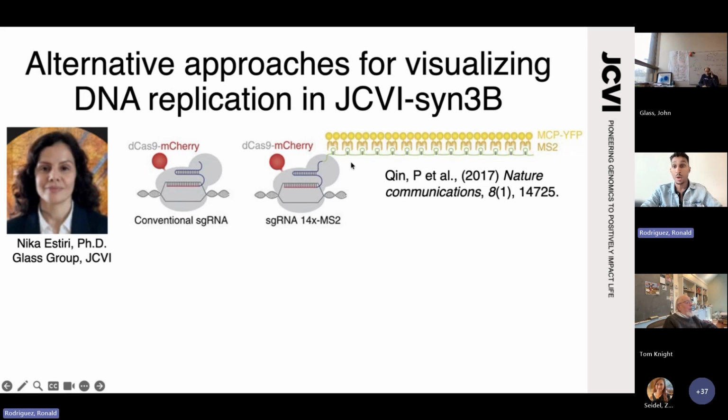If you add some additional elements to such a DNA sequence, specifically the MCP protein, MCP is short for the MS2 coat protein. This is a protein that is naturally present in bacteriophage MS2 that infects E. coli. That protein is known to bind to an RNA sequence known as the MS2 sequence. If you attach a different fluorescent label onto that and have 15 to 20 repeats of this MS2 sequence, wherever the dCas9 goes, you can really blow up that fluorescence signal.